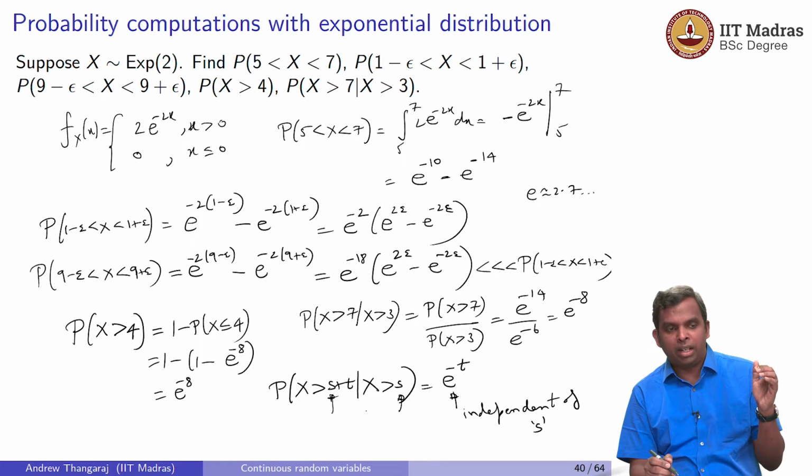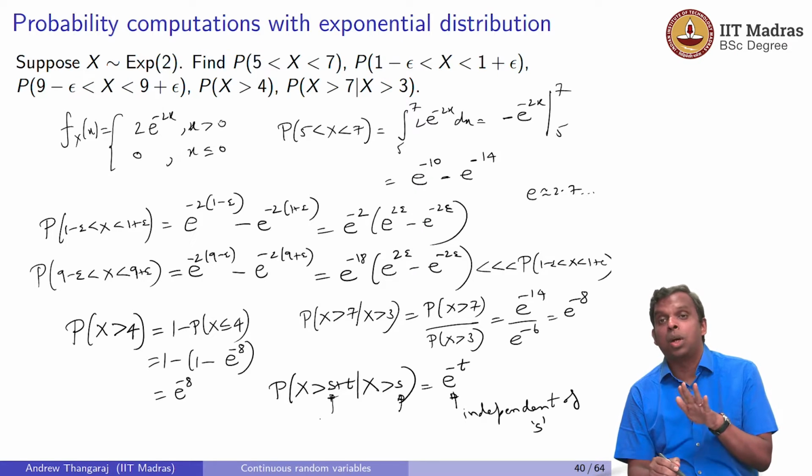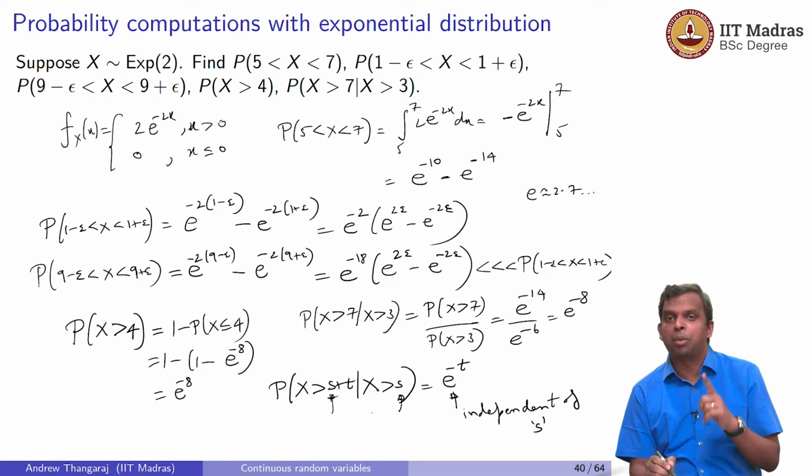So, if you are given that x is going to be greater than 100, probability that x is greater than 100 plus 1 given x is greater than 100 is the same as probability that x is greater than 1001 given x is greater than 1000. It does not matter where you are, that gap is what controls the conditional probability. The conditioning is important. If it is not conditional, then things change quite a bit.